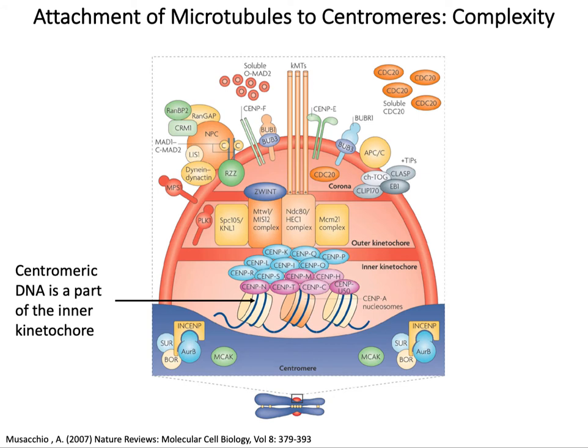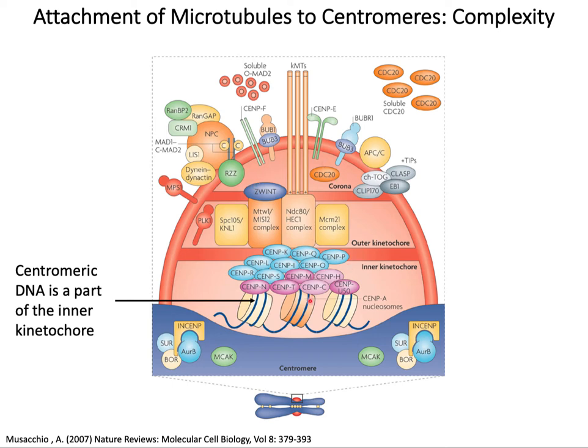This figure gives you a flavor of the complexity of the kinetochore region of the chromosome. You do not have to memorize the name of these individual proteins and functions except a few. The first thing that I want to point out is the organization of the microtubule to centromere attachment complex in a little more detail. You can see that the microtubules are attached to the outer kinetochore complex, traversing through the corona.